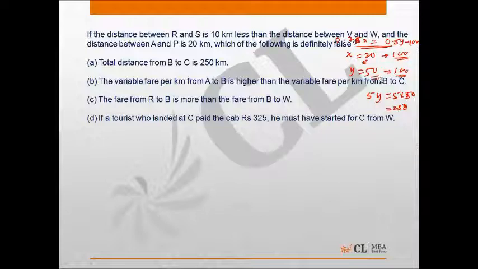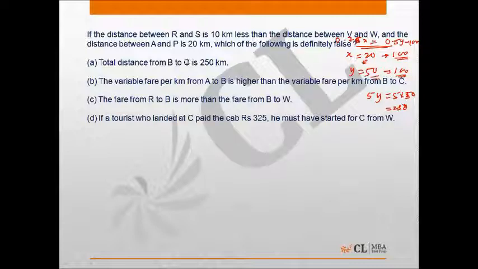Now come to the last statement. If a tourist who landed at C paid rupees 325, he must have started for C from W. So check whether that cost comes out as rupees 325 or not.